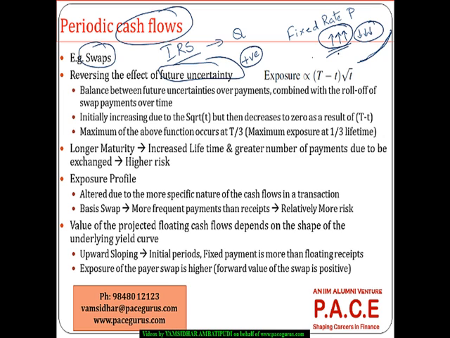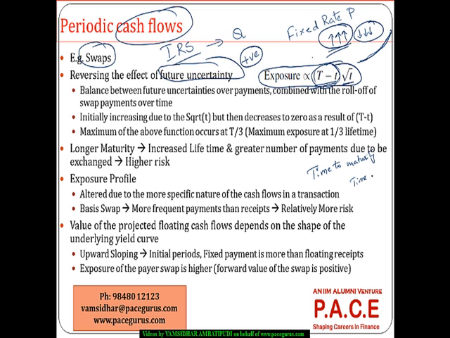Now it may be the case that the fixed payer is paying much more, but in the future he may be paying much lesser, which means in these kind of instruments we see that the exposure is proportional to (T minus t) times the square root of t. So the time to maturity, T minus t, is still the time to maturity and the time that has elapsed.